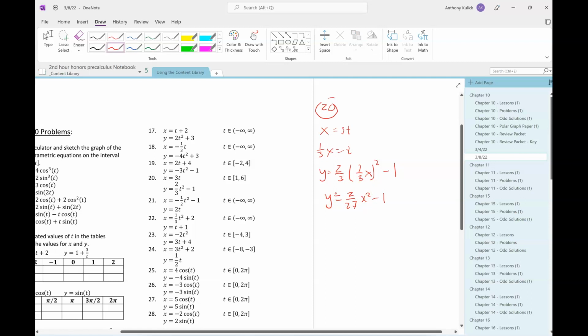So when we do that, we get 2 over 27 x squared minus 1. So far, so good? Okay.